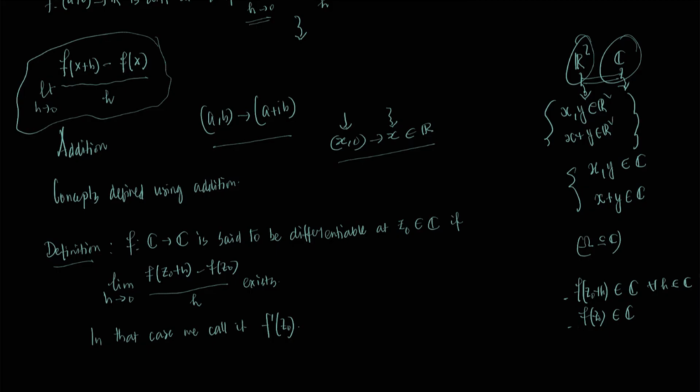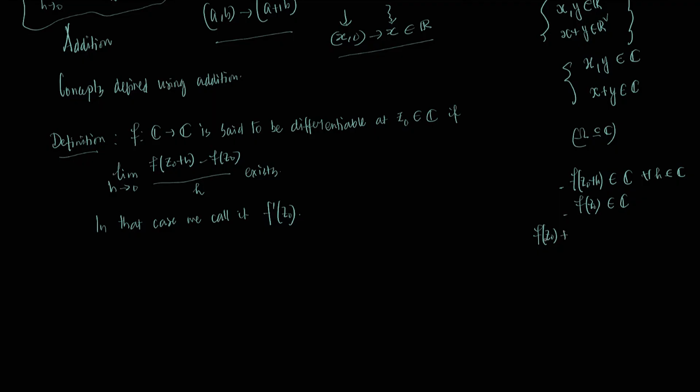And incidentally, here, f of z naught plus h minus f of z naught, if we divide this particular complex number by h, which is also a complex number, assuming h is not 0, this quantity is well defined, because you can divide complex numbers.